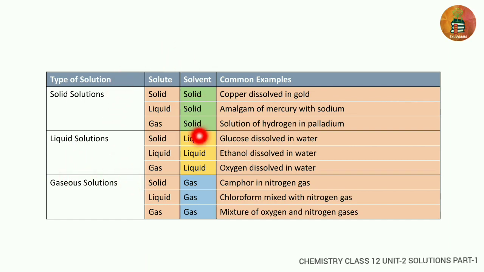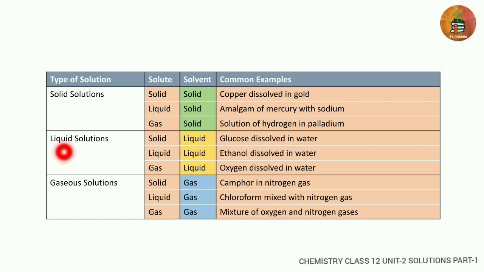So if you see this table, all these types of solutions are made up of two components, one solute and one solvent. And in case of the first type, that is solid solution, the solvent, that is the component which is present in large amount, is always a solid, so the name is given as solid solution.